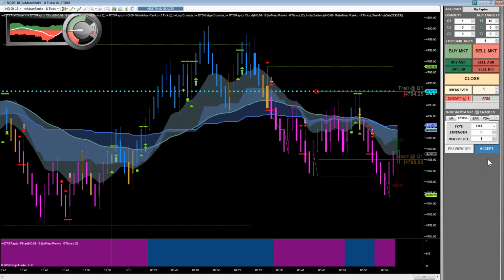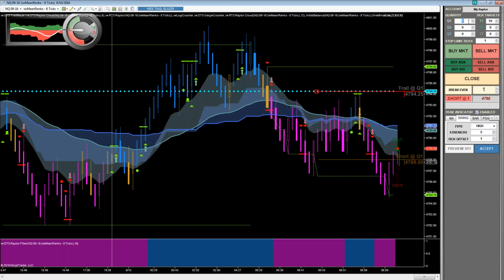You can put this on any chart you want. You can put the Trade Manager on the Raptor. You can put this one, it's called the Trailblazer, on any of the tools as well. The primary difference between the two is the Trailblazer does not have the risk component built in.